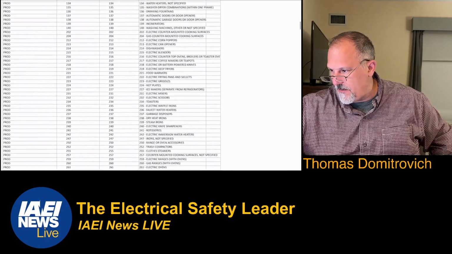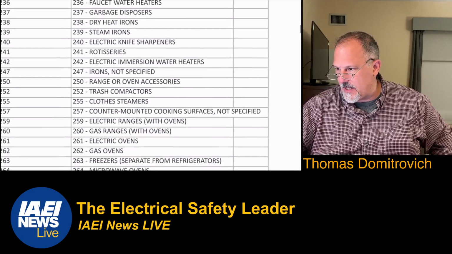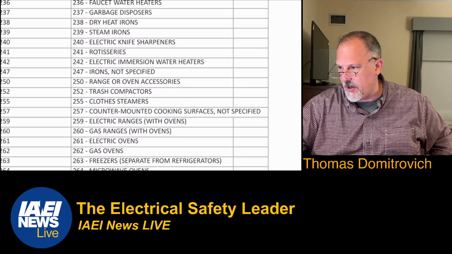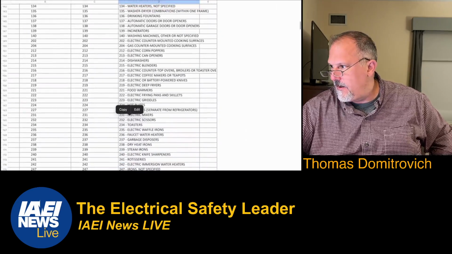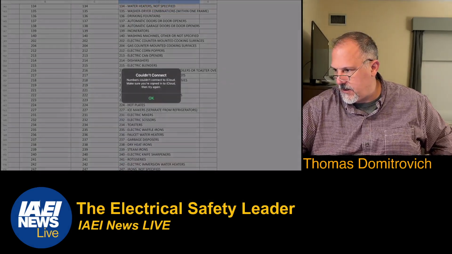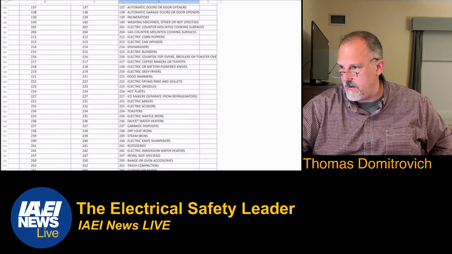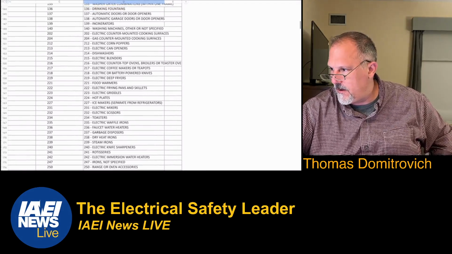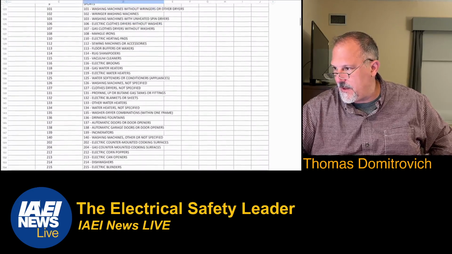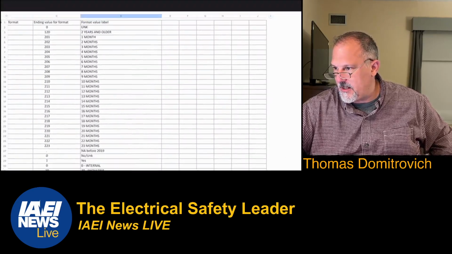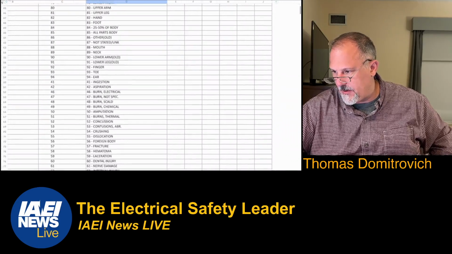we didn't get all of the data. These are the items: irons not specified, electric immersion water heaters, rotisseries. That's row E. Okay, so that is the end of the spreadsheet. So I don't have all the information.